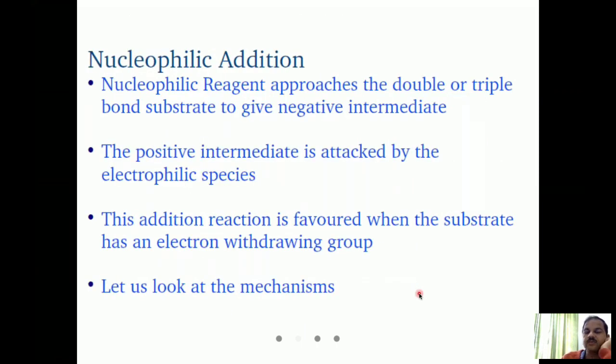Now we will see the nucleophilic addition reaction. A nucleophilic reagent approaches the double bond or triple bond substrate to give a negative intermediate, meaning a carbanion will form, and the negative intermediate is then attacked by the electrophilic species. This addition reaction will be favored when the substrate has an electron withdrawing group.